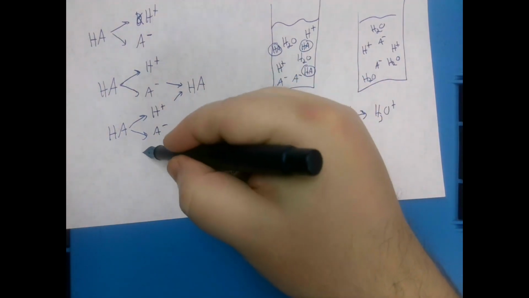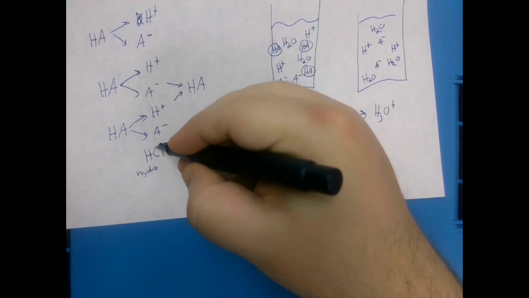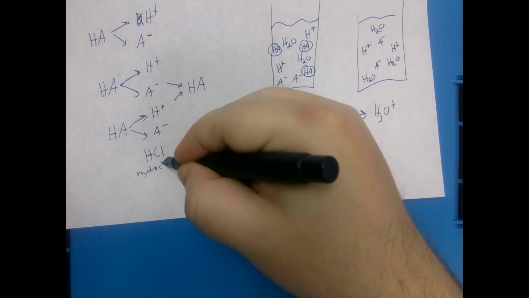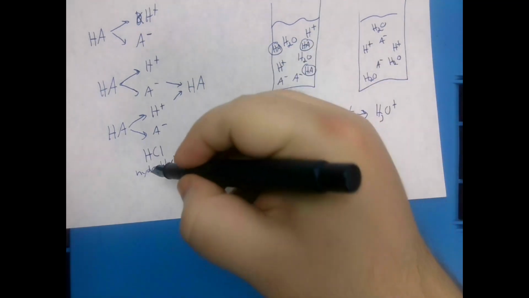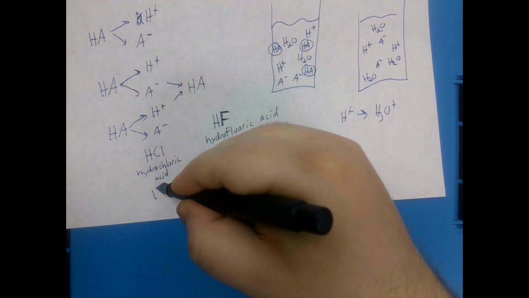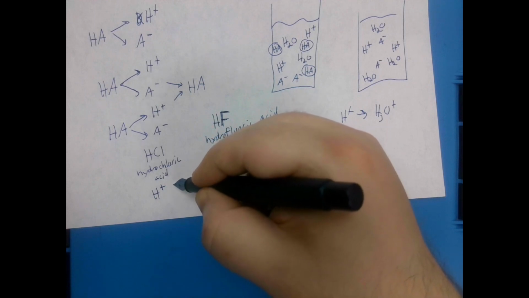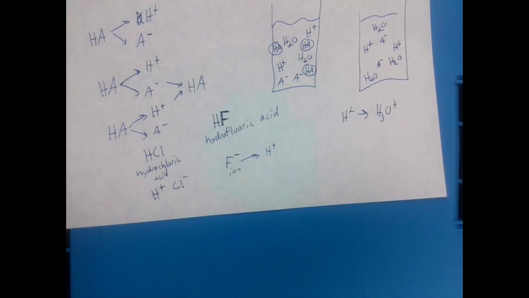On the other hand, hydrochloric acid is a strong acid. When you put it into water, every molecule of HCl, and this is your stomach acid, turns into H plus and Cl negative ions.